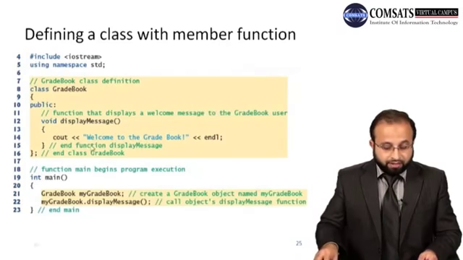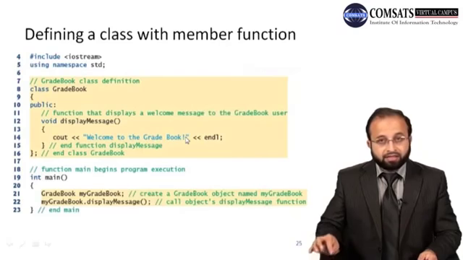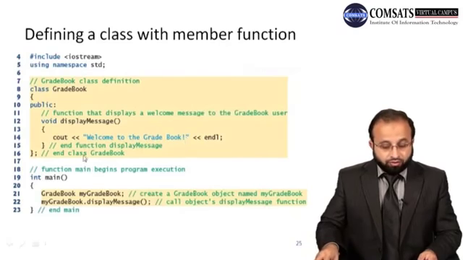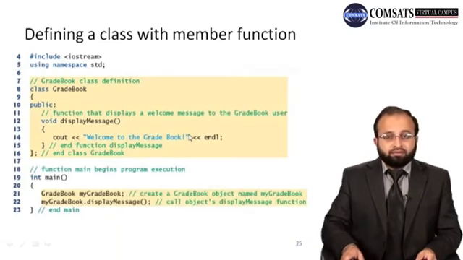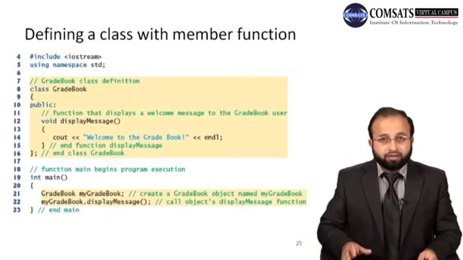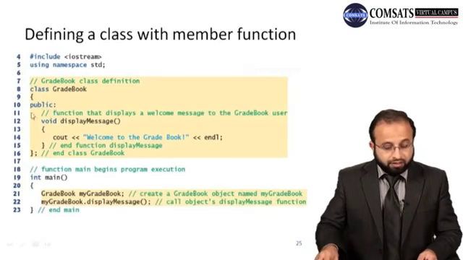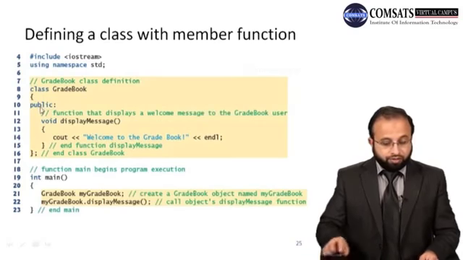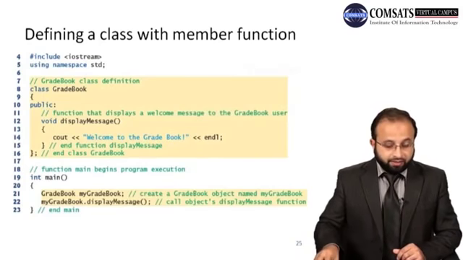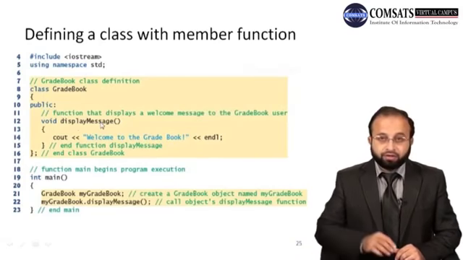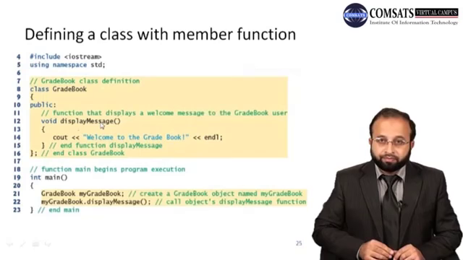So whatever is inside this double quote will be displayed as it is. Inside these double quotes, you can use any of the escape sequences that we have seen in the programming course. Now then there is a keyword public. This means that this displayMessage function is a public function.